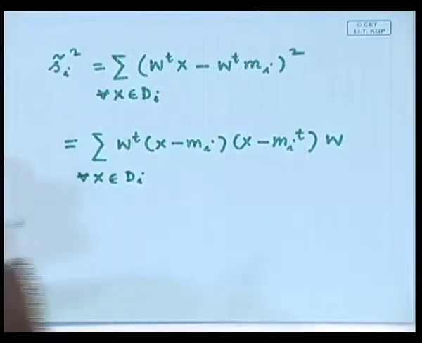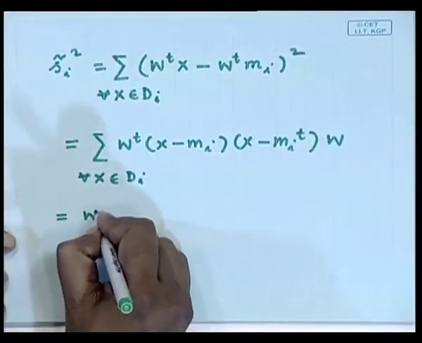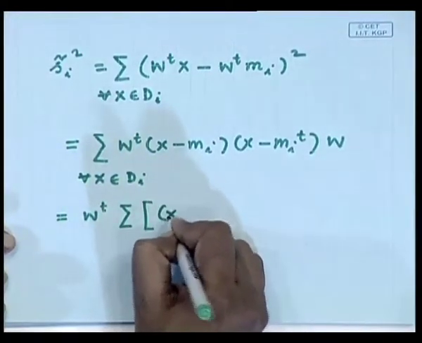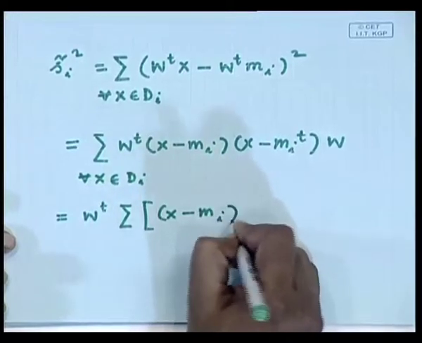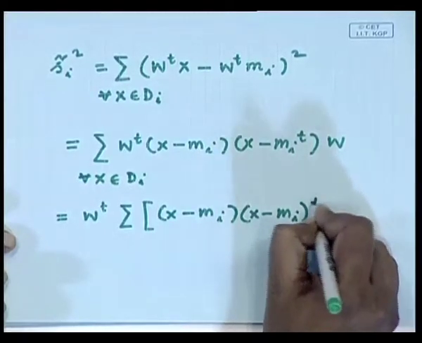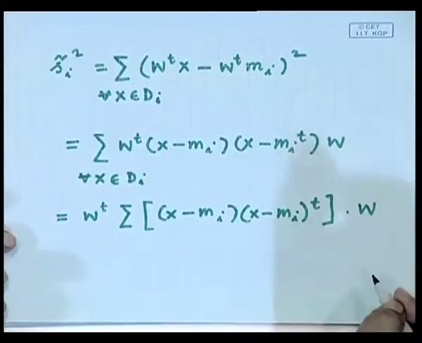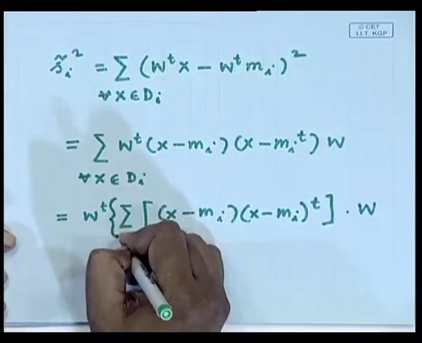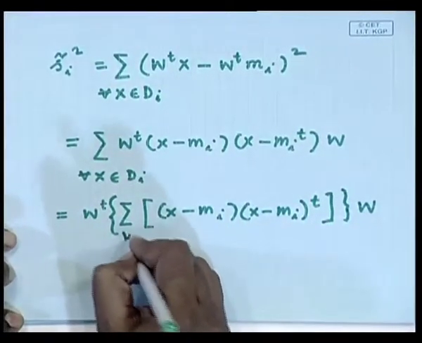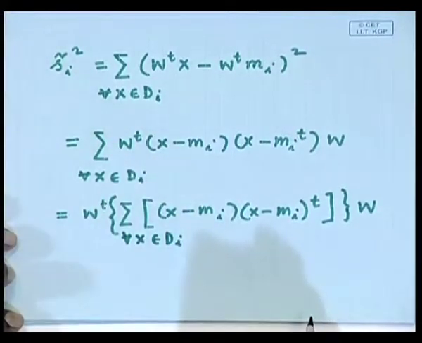If I take it outside the summation, then what I will have is W transpose, then the summation of (x minus m I)(x minus m I) transpose, into W, where this W is outside the summation operation, and this summation I have to take for all x in set D I. Okay.